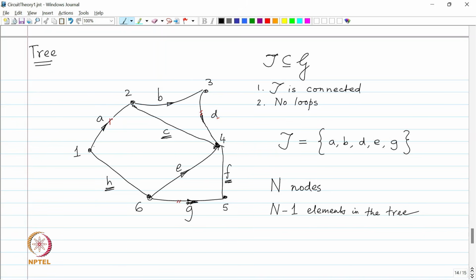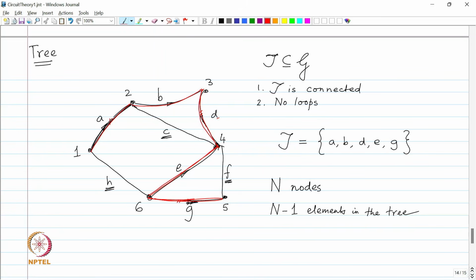If I choose C, my tree is like this. This is the tree. So, C is connecting 2 and 4.